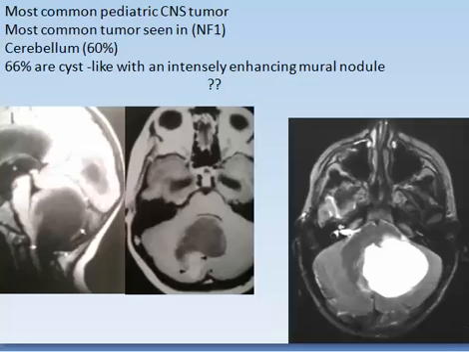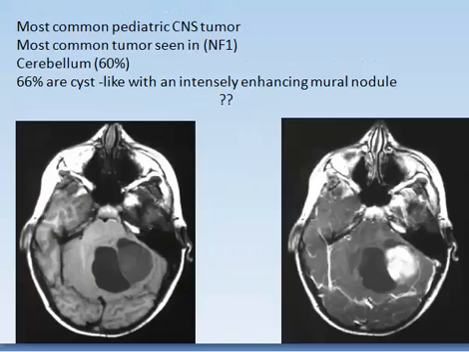This is characteristic of an astrocytoma. So again, if we repeat: most common pediatric tumor, most common tumor seen in neurofibromatosis, 60% in the cerebellum. Here it is lateralized.